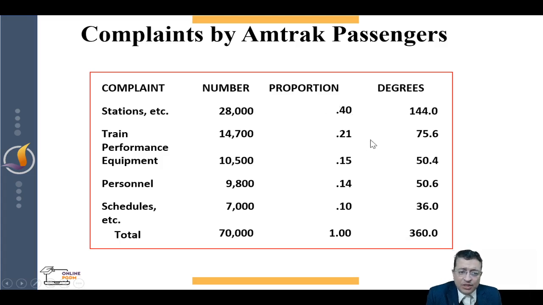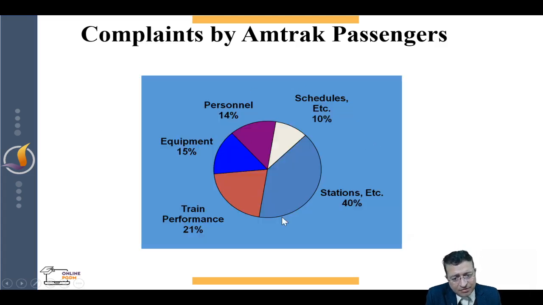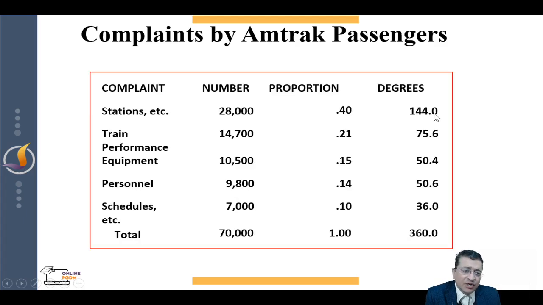So now you just see in a circle we have 360 degrees. So now you can see that 40% if I have to represent in a circle, how many degrees it requires. You need not do this manually, we will be using MS Excel for this purpose, but right now just try to understand.